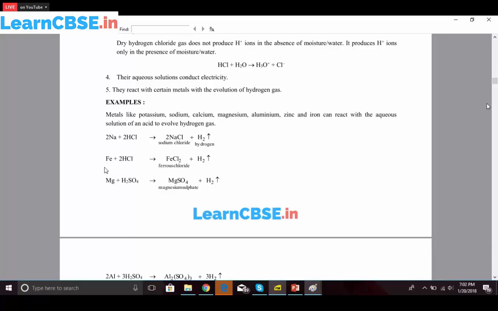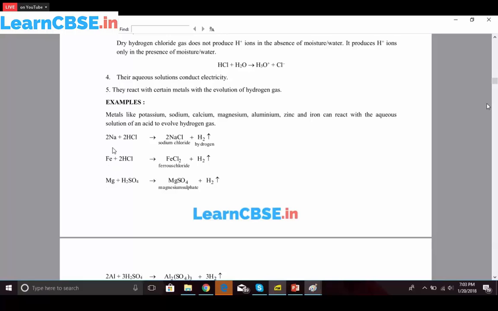Then Fe is the iron metal. When we use HCl, FeCl2 plus hydrogen gas is produced. Magnesium reacts with H2SO4 and produces MgSO4 plus H2 gas. Why in the sodium reaction have we used a 2, but here only 1 mole of the metal?